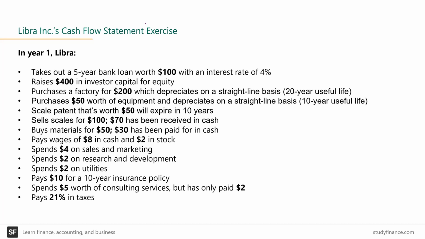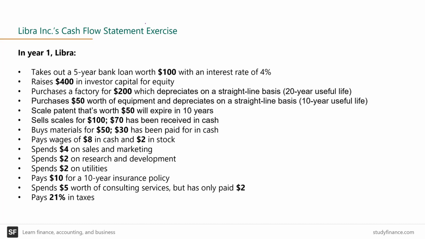We also pay wages of $8 in cash, but $2 was paid for in stock. We don't have to worry about sales and marketing, research and development, and utilities, as those were paid for with cash as they were incurred. Since we paid $10 for a 10-year insurance policy and therefore only incurred $1 for the year, we will have to account the $9 as prepaid expenses.